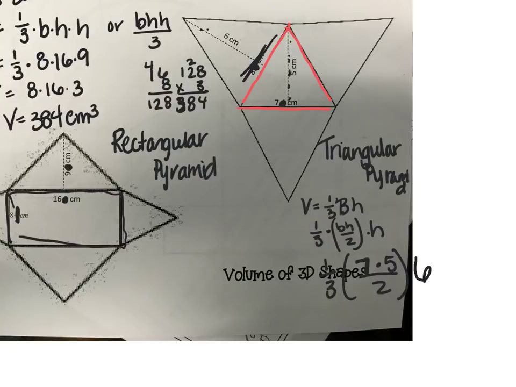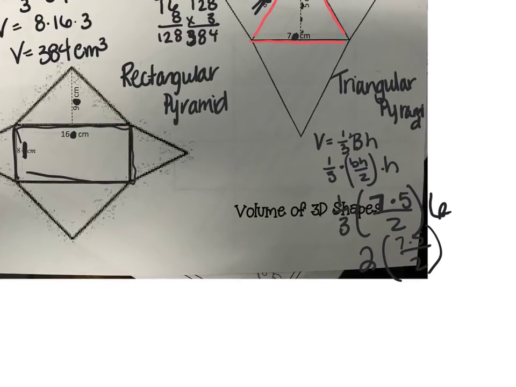Okay? So I'm going to do 1/3 of 6 because that's easy for me to do. What's 1/3 of 6? 2. 1/3, or 6 divided by 3, is 2. What's 7 times 5? 35. Okay? And then I can mark this out if I wanted, but I'm going to do 35.